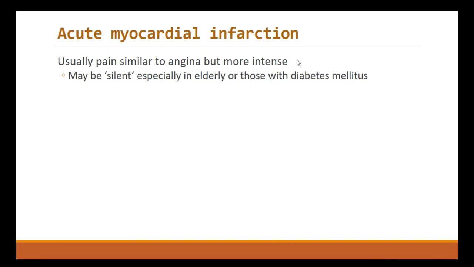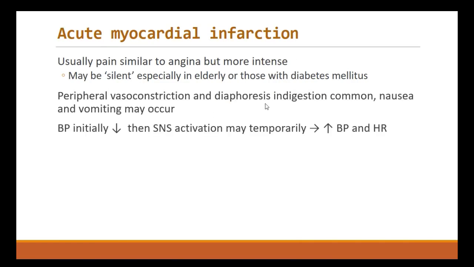They will just feel some discomfort, maybe some sweating, that's it. Peripheral vasoconstriction, diaphoresis, and indigestion are common. Nausea and vomiting may occur. BP initially will drop, but when the sympathetic nervous system kicks in, the BP will actually go up and also the heart rate, to compensate for the decreasing cardiac output.